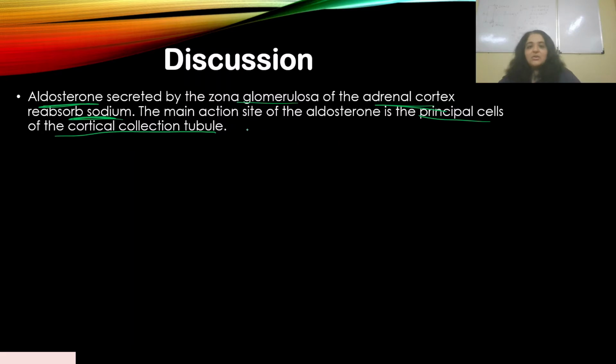Also, yes, principal cells are also present in the later part of DCT. So there is some action also happening there. It doesn't mean that there's nothing happening there. Some action is also happening in the later part of DCT, apart from the cortical collecting tubule.